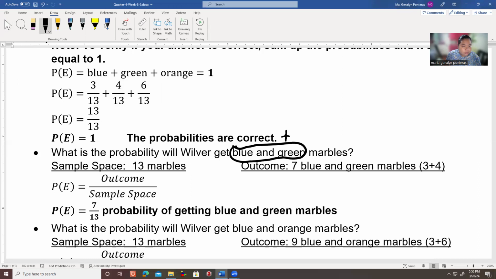So for blue and green marbles, you have 7. So the probability of getting blue and green marbles is 7 over 13.